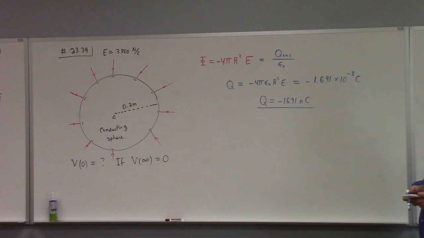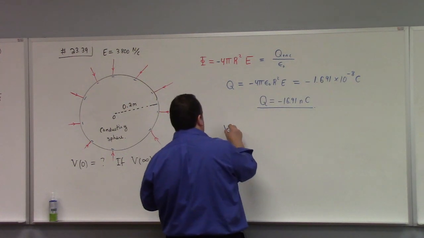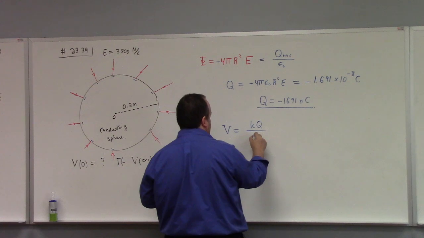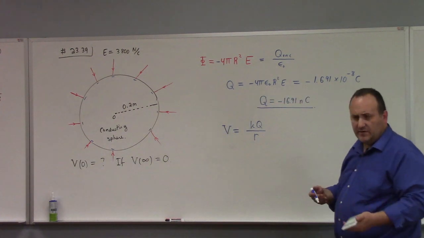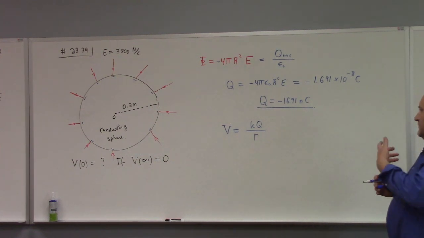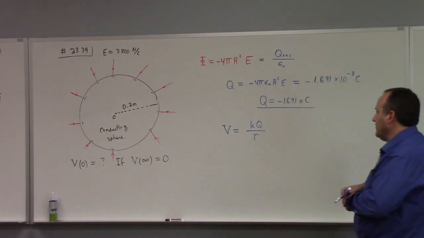And because this problem has spherical symmetry, for the voltage we can just write the Coulomb potential, kQ over r. This makes the voltage 0 at infinity, and it also has a derivative which reproduces the electric field that we want.